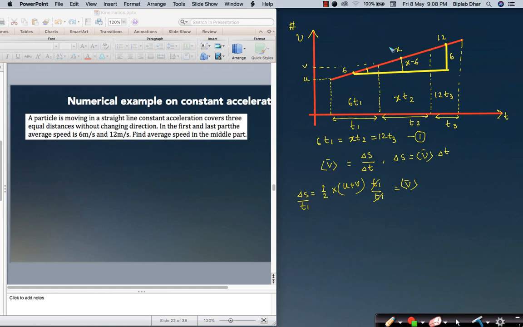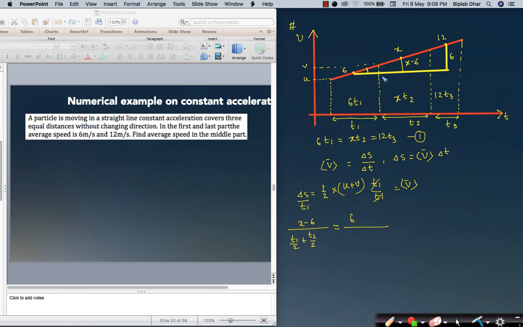So can I say for this smaller triangle, height divided by base? Now what is the base for this? This is t2 by 2, this is t1 by 2. So can I say x minus 6 divided by t1 by 2 plus t2 by 2 is equal to, for this bigger triangle, the height is 6 divided by what is the base?